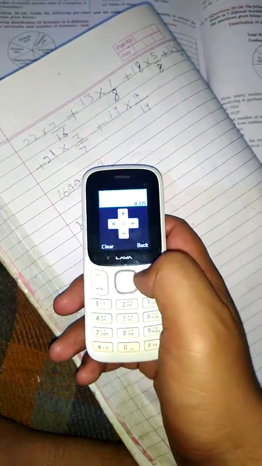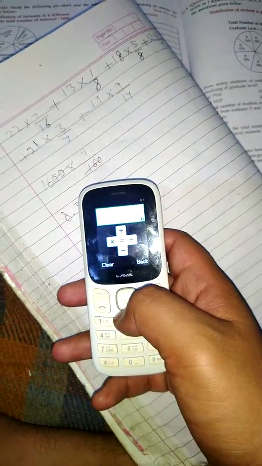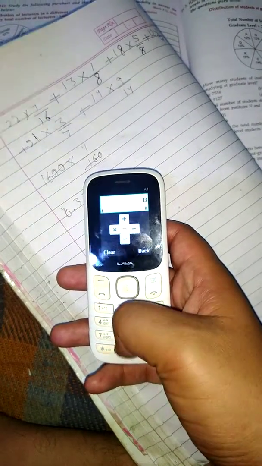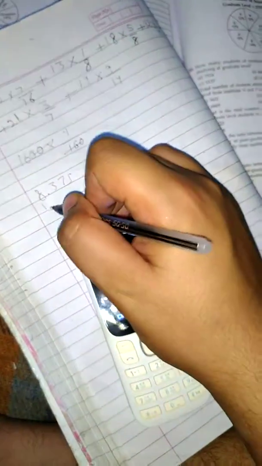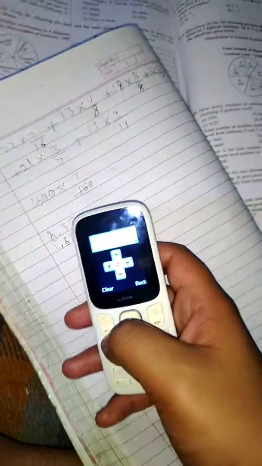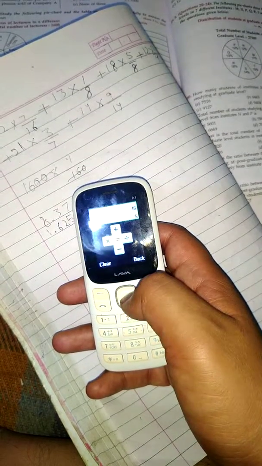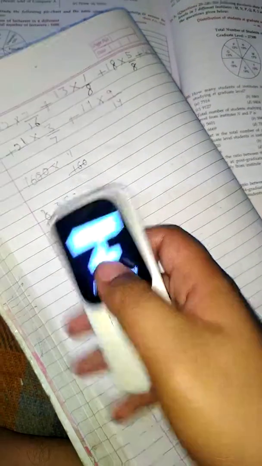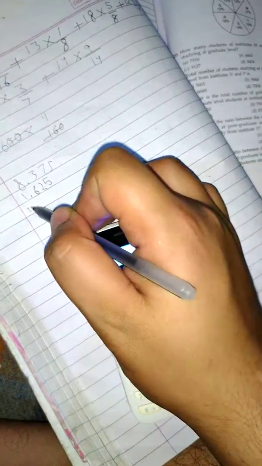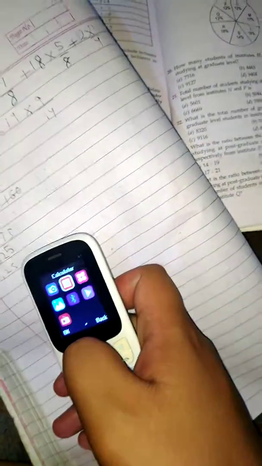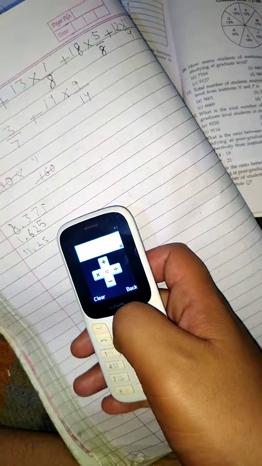8.375, 13 divided by 8, 1.625, 18 into 5 divided by 8, that is 11.25, and the next one is 3.